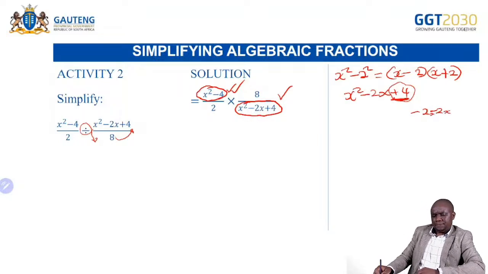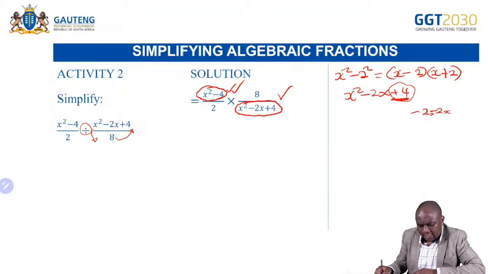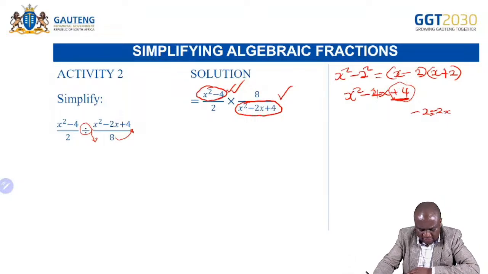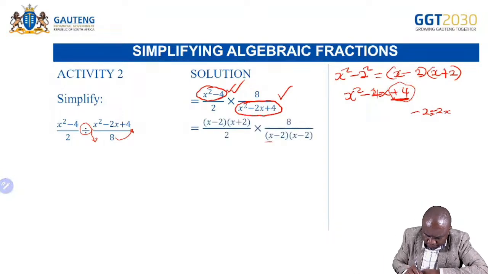Let me see. Negative 2 times negative 2 is positive 4, and negative 2 minus 2 gives us negative 4. This one won't work. It can't factorize. I think there's a mistake here, grade 10. Let's see what answer I have here.